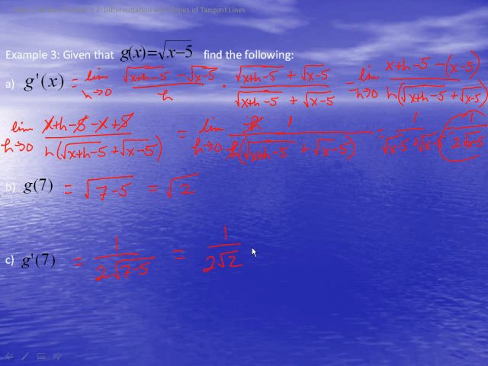And then if we wanted to make sure the square root's off the bottom, we're going to multiply by square root of 2 over square root of 2, which would be equal to the square root of 2 over, and then square root of 2 times 2 would be 2, and 2 times 2 is 4. And then that would be g prime of 7.